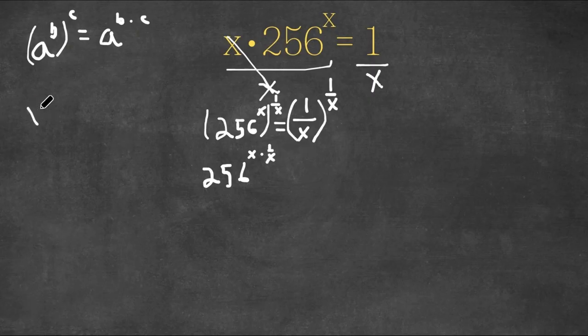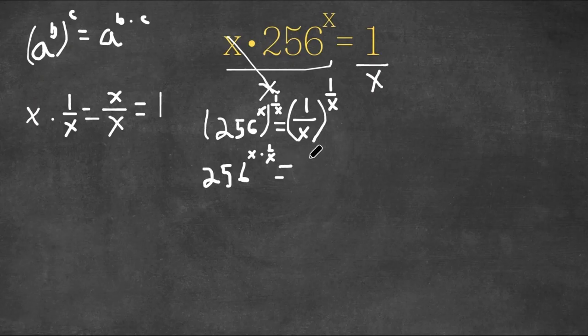Now x times 1 over x, this is equal to x over x, which is equal to 1. So this is equal to 256 to the power of 1, which is the same thing as just simply 256.